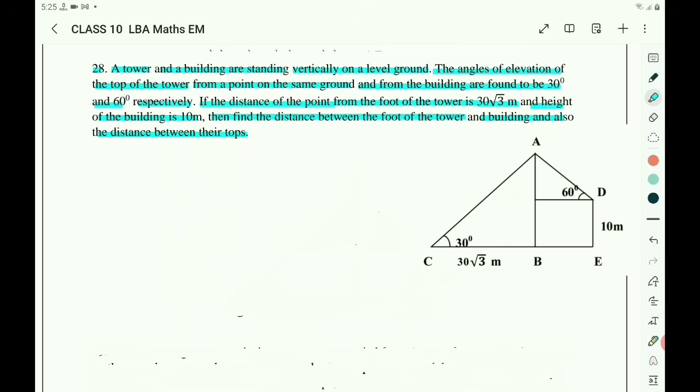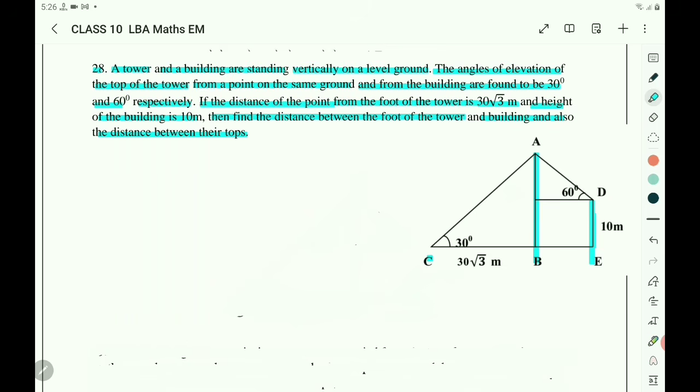Here tower and building are standing vertically on a level ground. Here AB is a tower and ED is a building, and C is a point on the ground, that is at the level of the foot of the tower and the building.